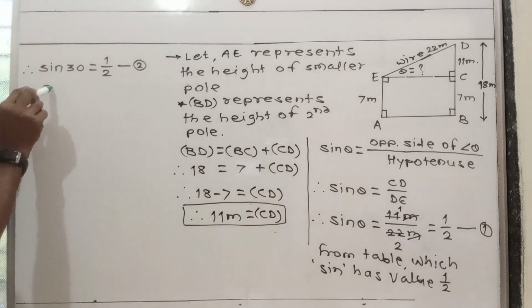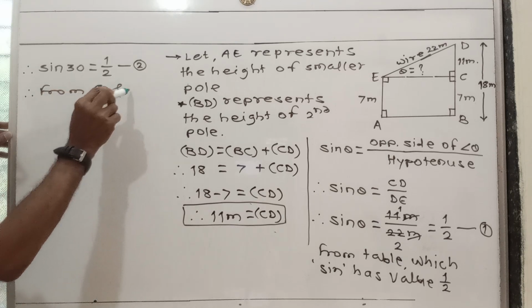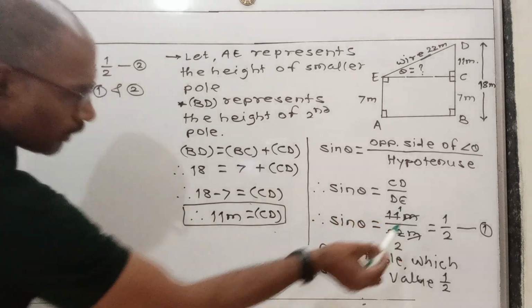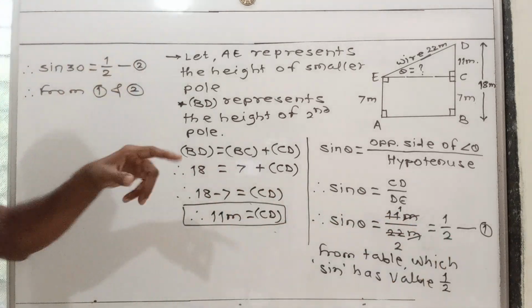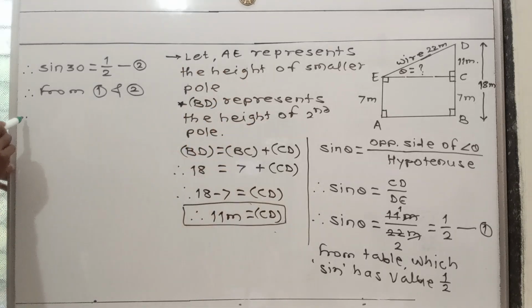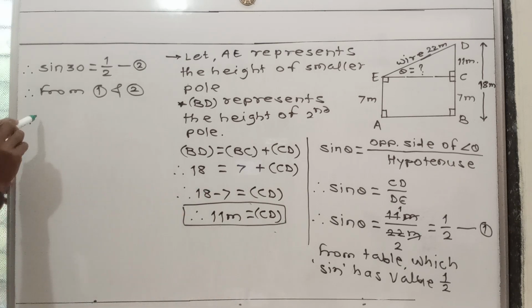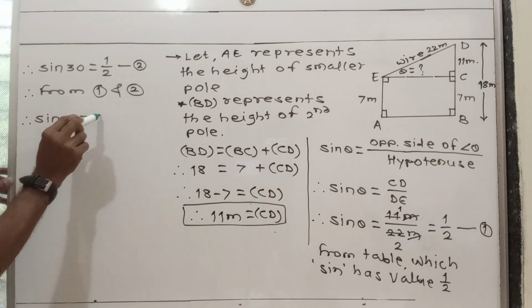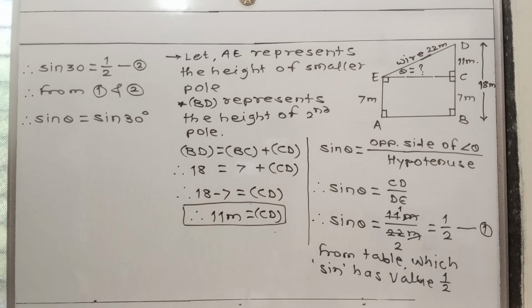Therefore, from equations 1 and 2, see here, RHS are the same, 1 upon 2, 1 upon 2. Therefore, LHS are also equal, or we say same. Therefore, sin theta is equal to sine 30 degree.